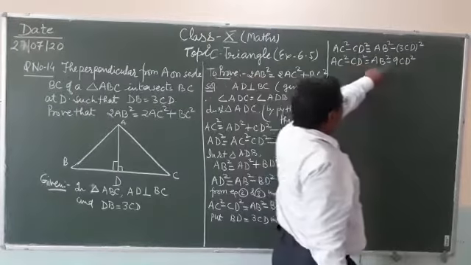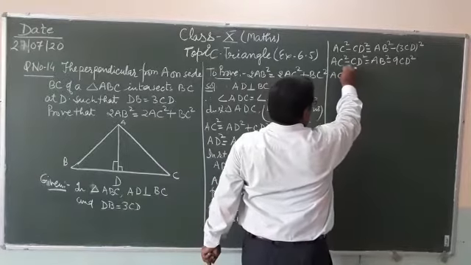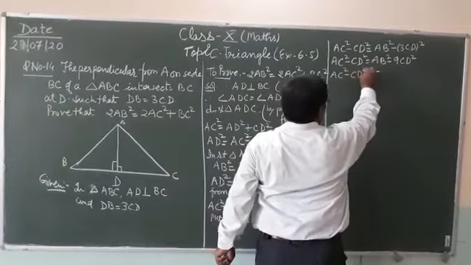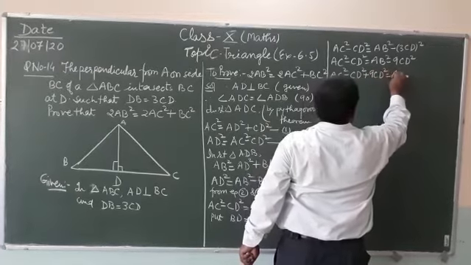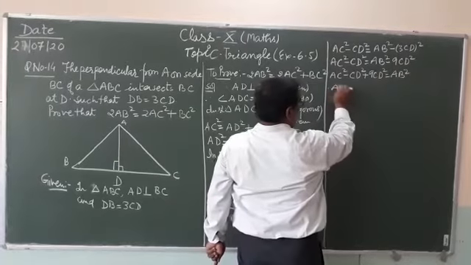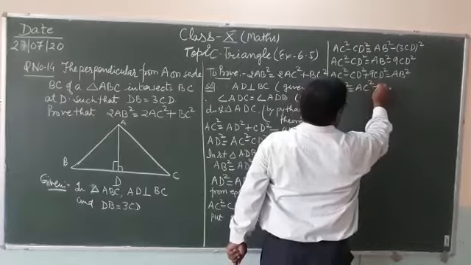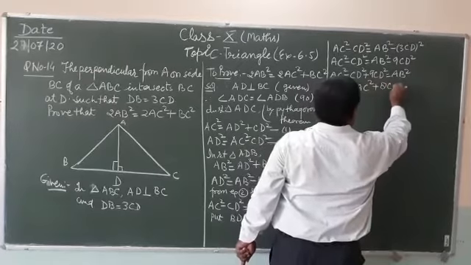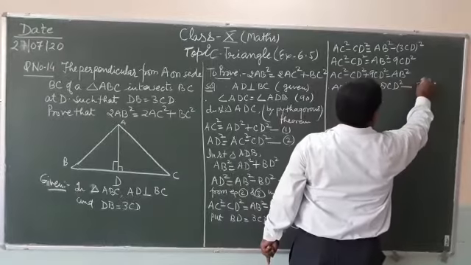Transferring, AC square minus CD square plus 9CD square is equal to AB square. Therefore AB square is equal to AC square plus 8CD square. This is equation number 5.